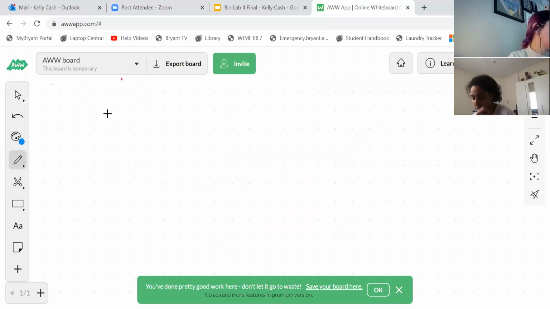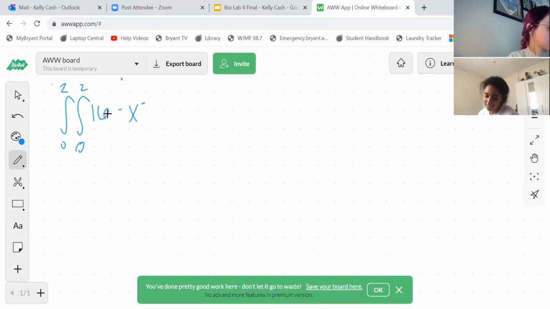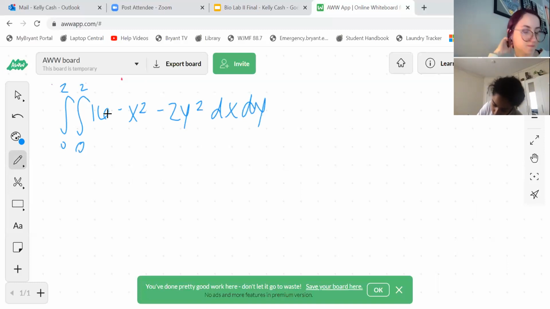So let's see. This one is the same type of deal. Those are zeros. So we do the 2, 0. So we just do the 16 minus x squared minus 2y squared dx first. Yep. So we're going to do this.